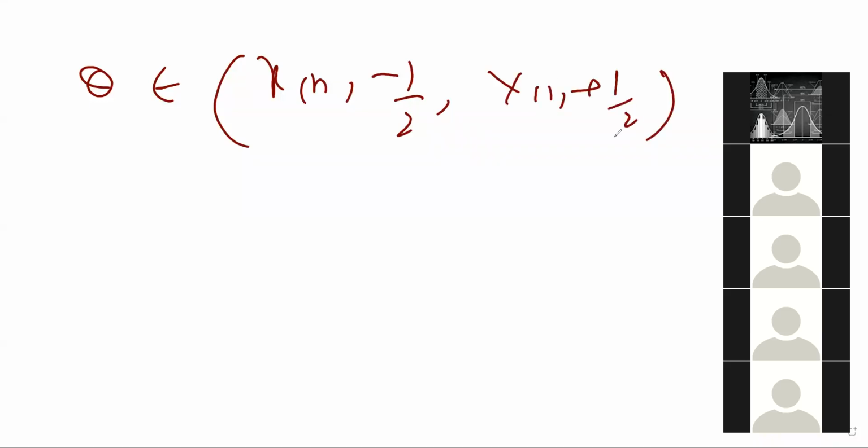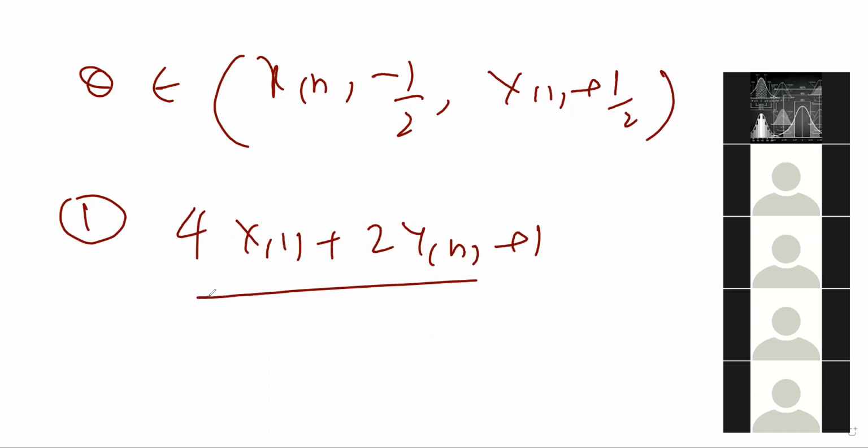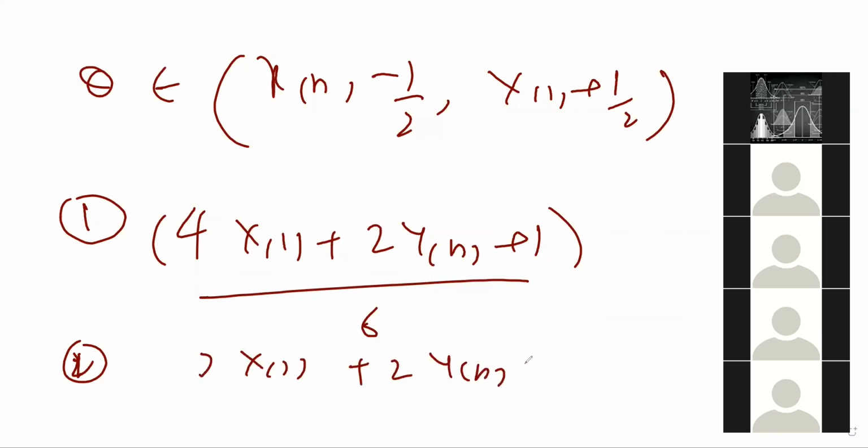Now tell me one thing. Anything lying between this will be MLE. So the first question is, for y1 to yn, the order statistics, are both of these MLE or not?